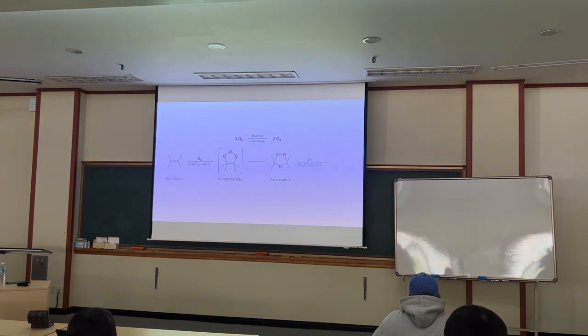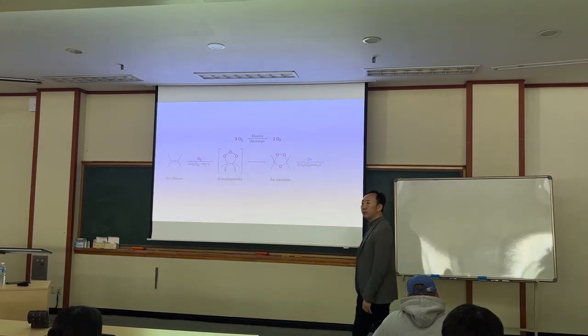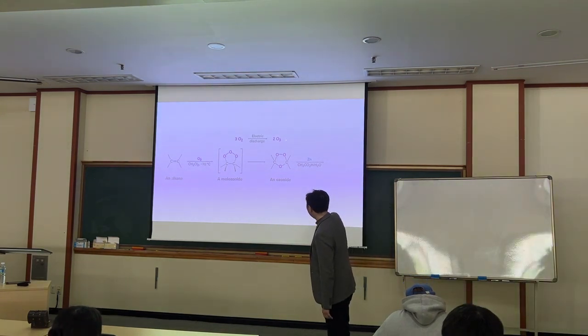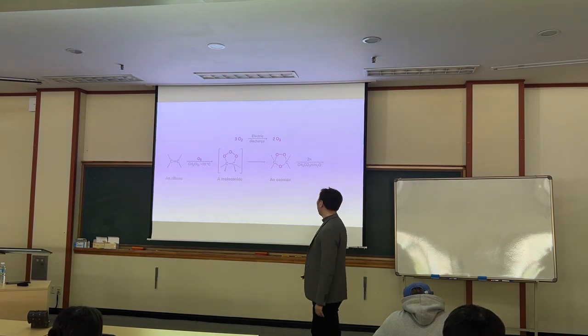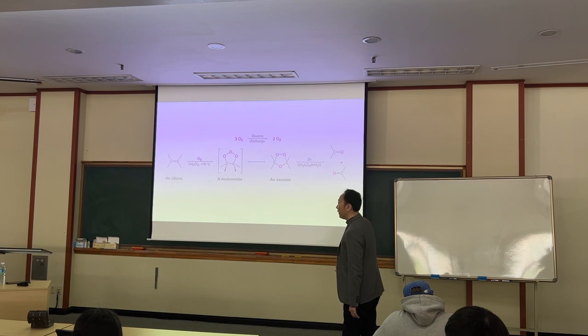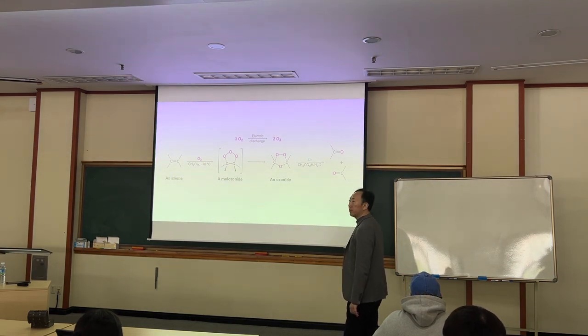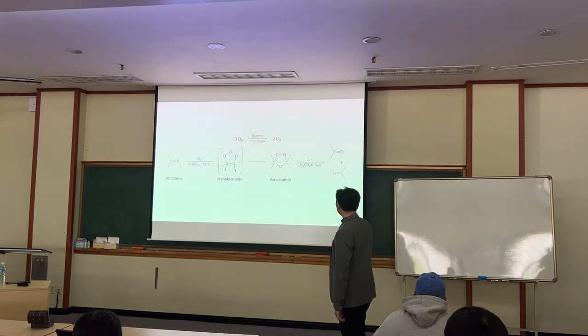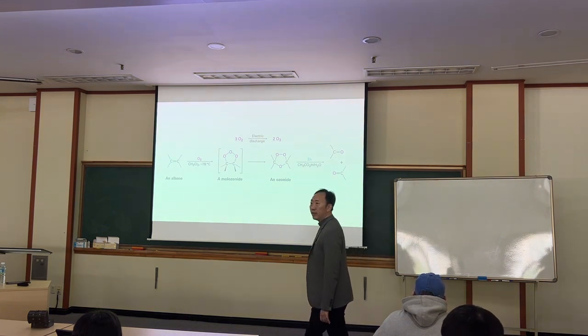So by adding ozone reagent and then finishing reductively, somehow they break in the middle. The product is reductively created here, and these oxygens are attached, one here and one here. Then a ketone or aldehyde is formed.